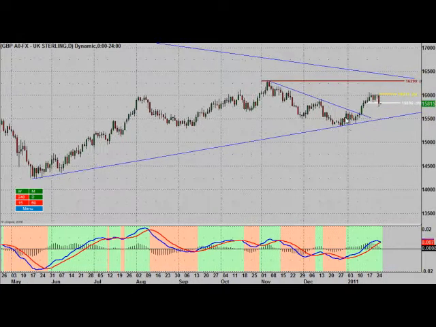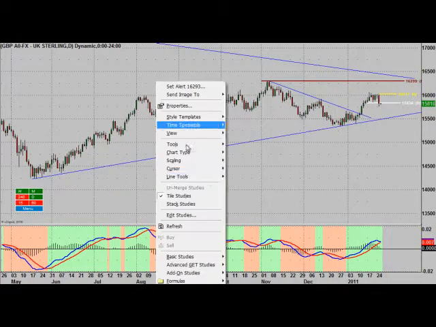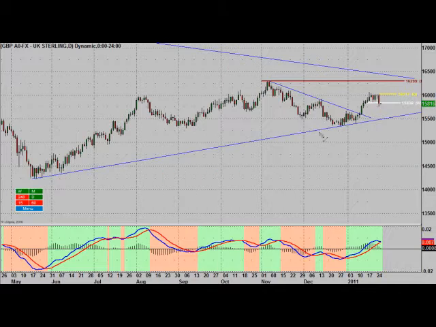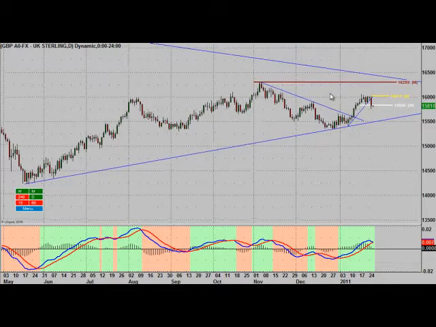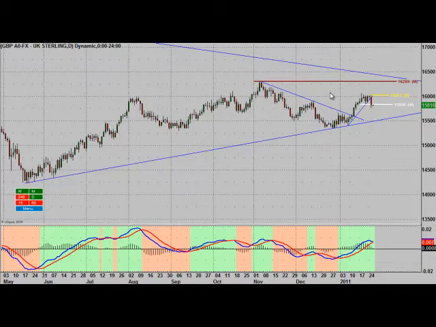This is an exciting setup to get right here, because what's occurred is the monthly was down, and now the daily's down, and you're below the weekly. Now, keep in mind, you can't really shift the weekly trend until weekend, so awful early in the week for that. But it's an interesting setup here.